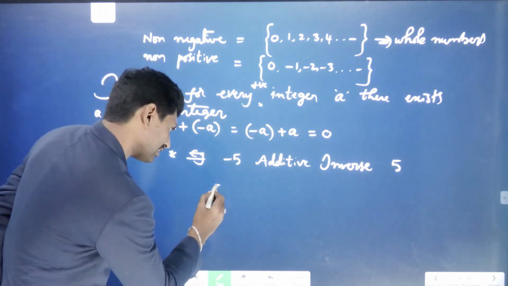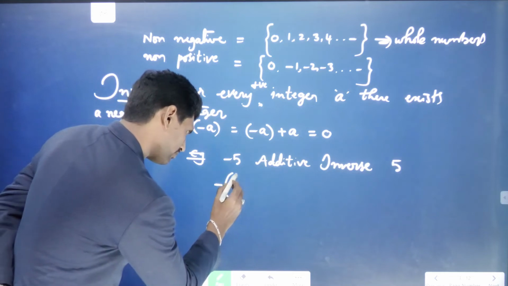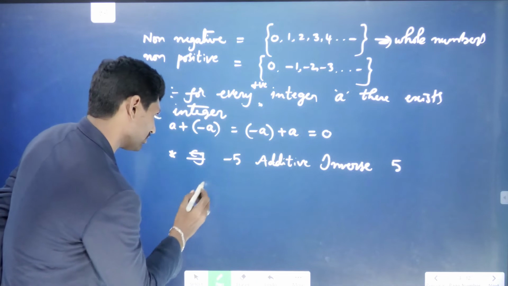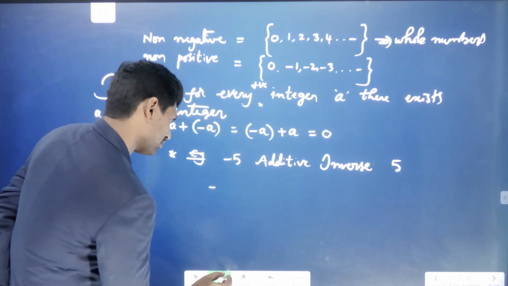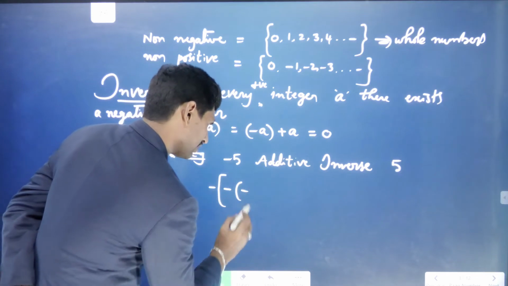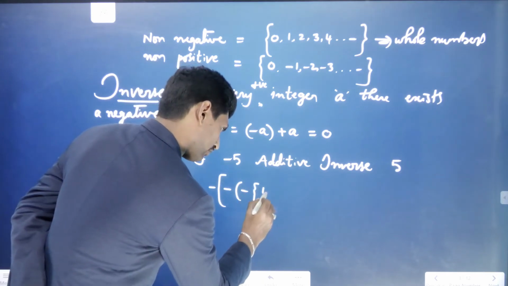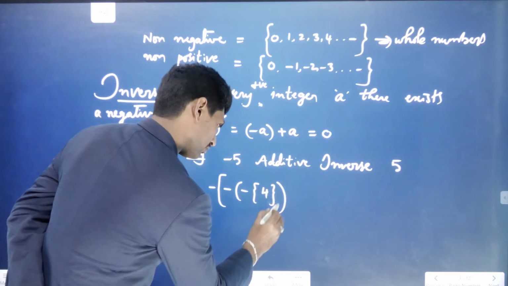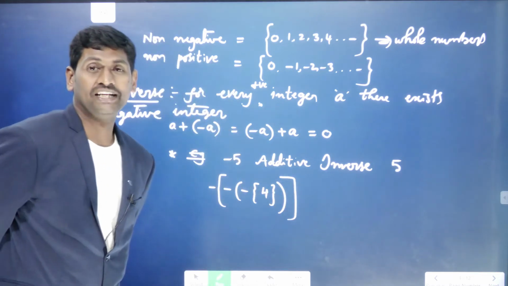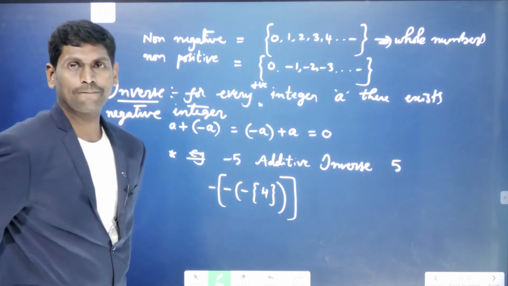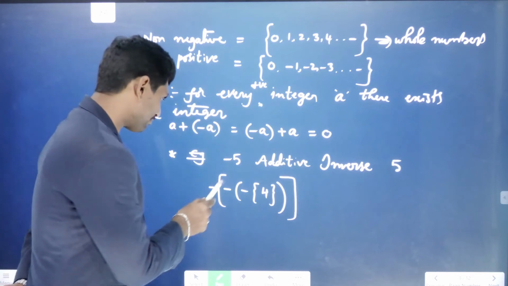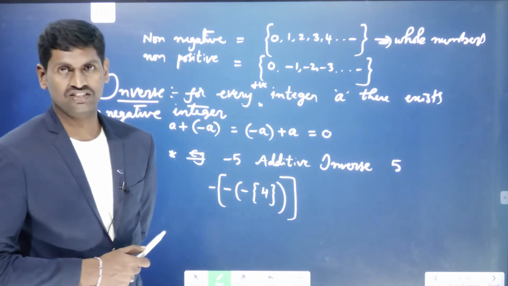Find for these, children. Find the additive inverse of minus of minus 4. What is the additive inverse of this number? I told you in the previous class that the bracket indicates the multiplication symbol.